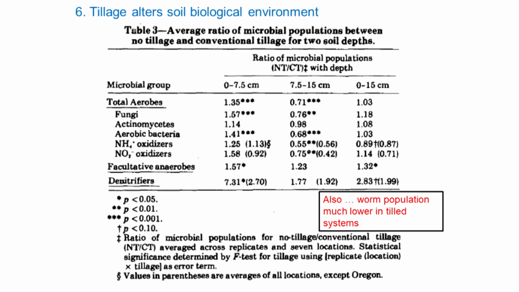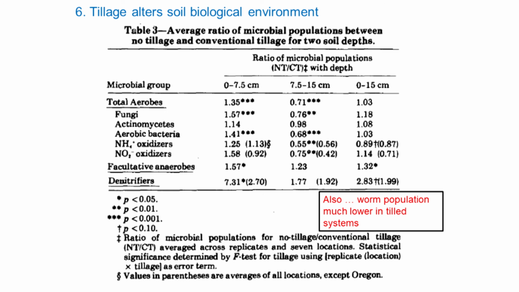So this is a really interesting data. I wanted to show you some data. This shows you the ratio of microbial populations in the no-till versus conventional with different soil depths. So for example, here you see total aerobes in the 0 to 7.5 centimeter depth, 1.35. That means that total aerobic microbial populations are 35% greater in no-till versus conventional till.